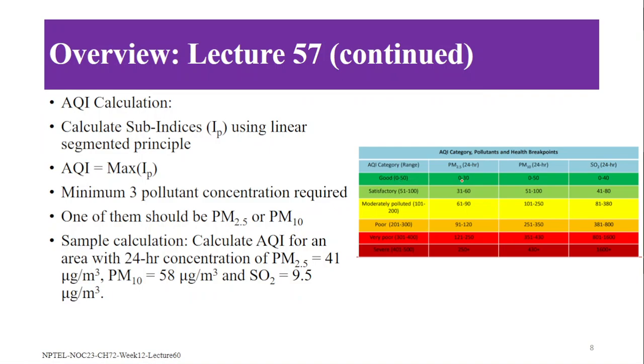So these are the breakpoints for a particular pollutant, and these are the indices, lower and the higher one. We need to calculate firstly the sub-indices IP, and then we need to see which one of them is the maximum one, and that will be the AQI.